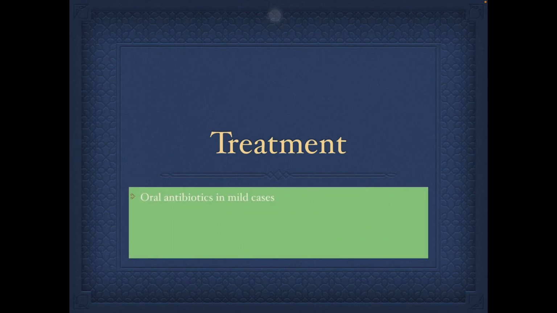Coming to the treatment of preseptal cellulitis, it is as we treat any other infection: oral antibiotics are to be given in mild cases. In severe cases, we can admit the patient and give intravenous antibiotics. The antibiotic usually given is amoxiclav to cover the gram-positive spectrum, or if you have to give an injectable, it's better to give cephalosporins.